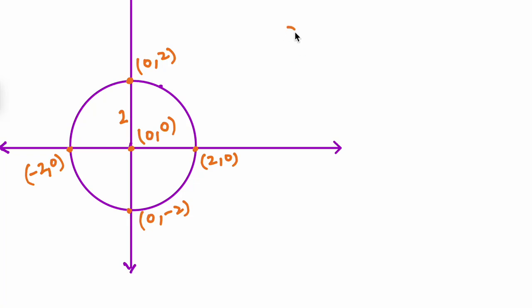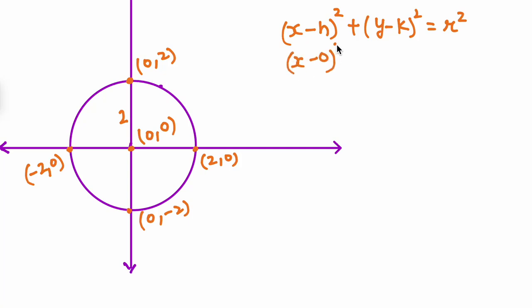The radius is 2. So the general equation is x minus h whole squared plus y minus k whole squared is equal to r squared. Replace h with 0, x minus 0 whole squared. Replace k with 0, y minus 0 whole squared is equal to 2 squared.